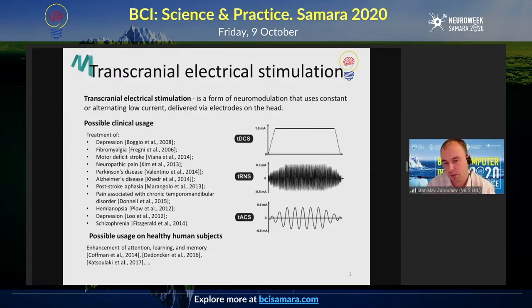Lately, there have been a number of studies with alternating current or random noise stimulation, also with AC, with the spectrum distributed in some kind of band.